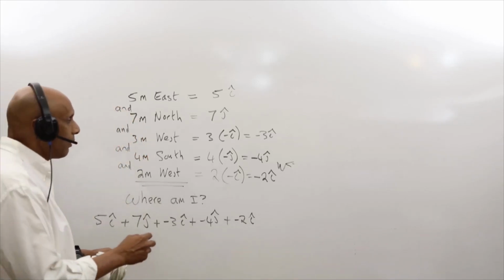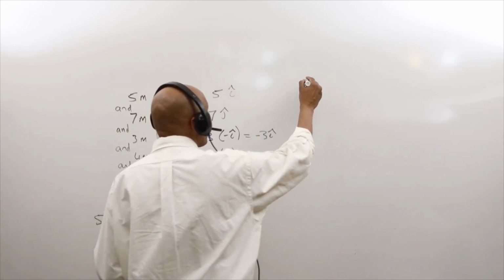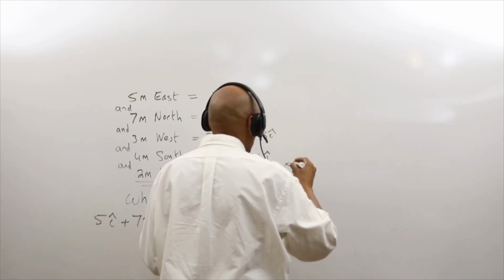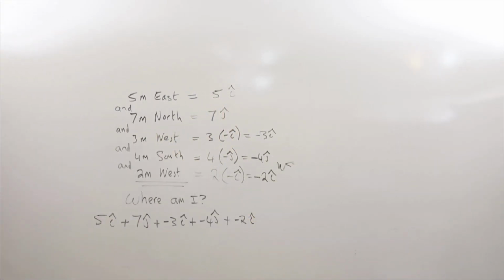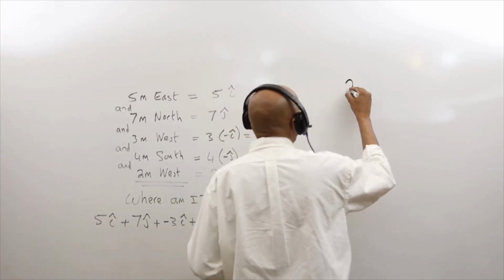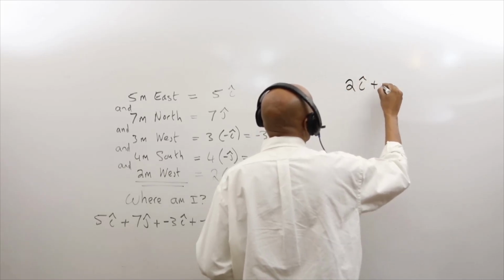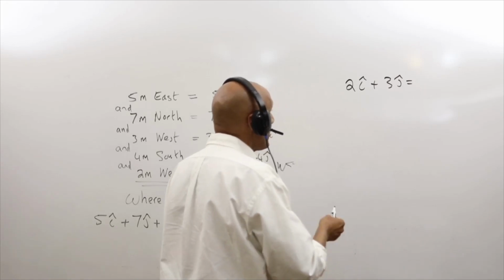Now, I want to ask another question before I explain how to manipulate this a little bit further. Oh, I'm out of markers. Let me get another marker. Somebody asks you, what does 2i plus 3j mean? We now know what it means.